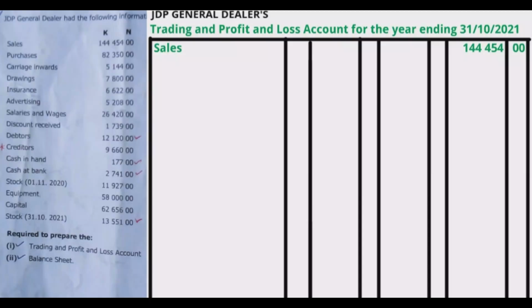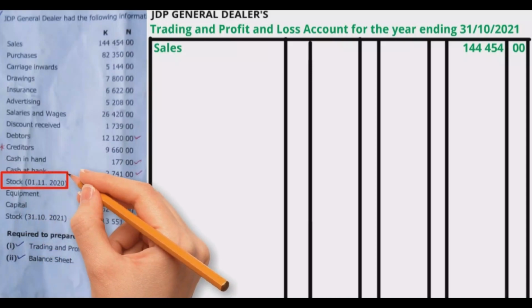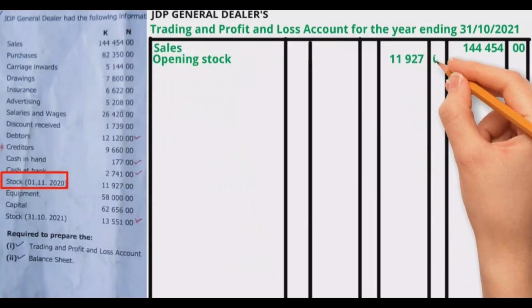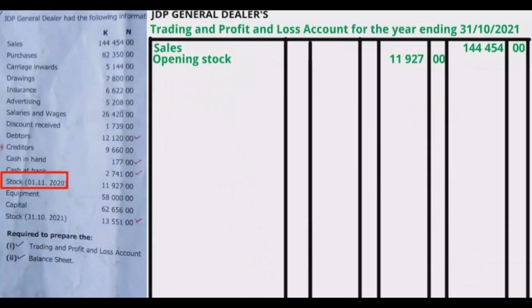Let's go and check for opening stock. Opening stock is on 1st November 2020, which is 11,927. That is the opening stock.